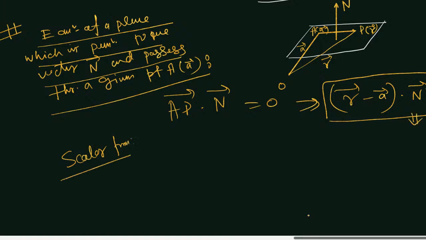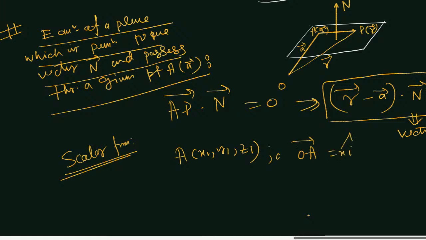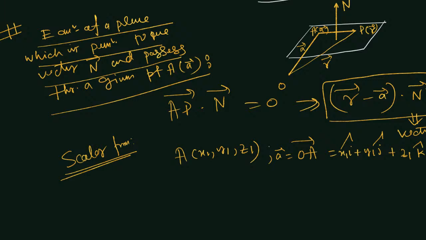This one is the vector form, and the scalar form now I am going to discuss. That point A you can take as x1, y1, z1. Then the OA vector will be what? OA is a vector only. x1 i, y1 j, z1 k. That is the a vector.